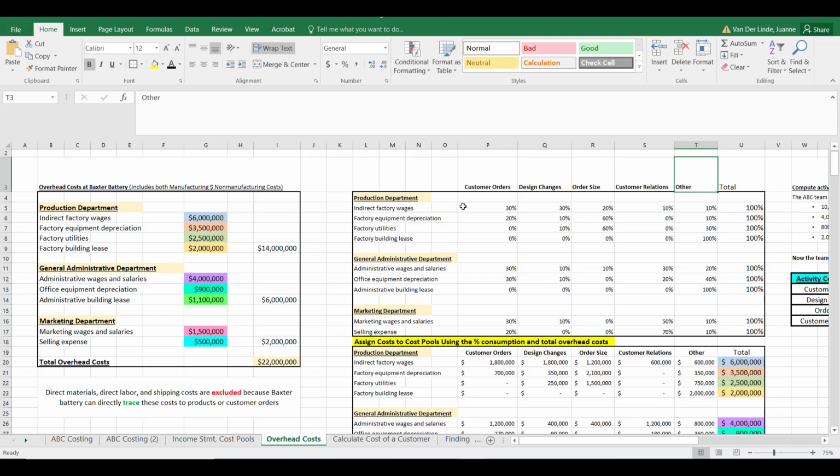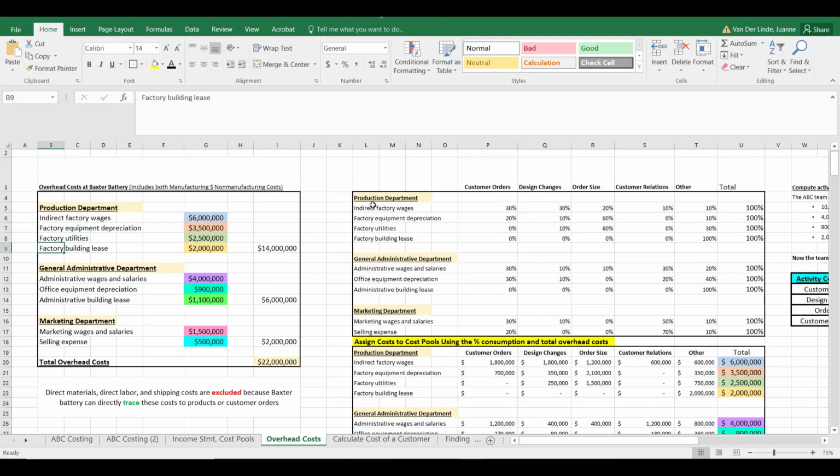In this case, management estimated that about 30% of that $6 million was consumed by customer orders, 30% by design changes, 20% by order size, 10% by customer relations, and 10% by others, so those organization sustaining activities and costs. But they did that for each and every one of these overhead costs.